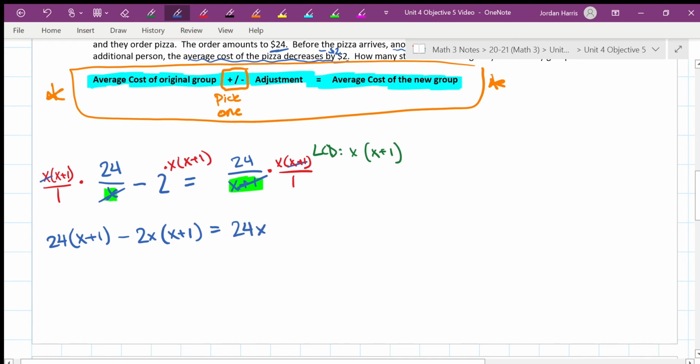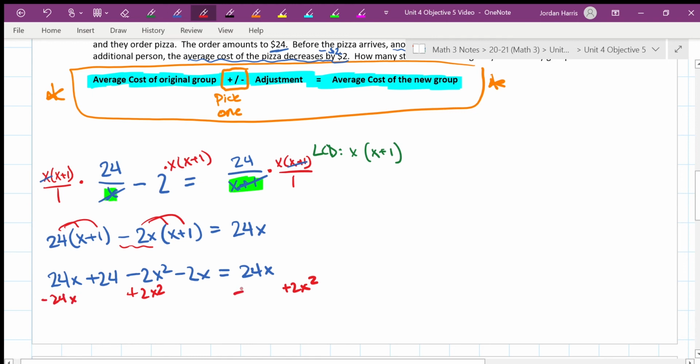Okay, we got to distribute. So 24 into the first one and negative 2x. Don't forget the negative part, that whole thing into the second one. So I get 24x plus 24 minus 2x squared minus 2x equals 24x. All right? Squared, it's a quadratic. To deal with a quadratic, we need it all on the same side. I want it to be positive, so I'm going to move it over.